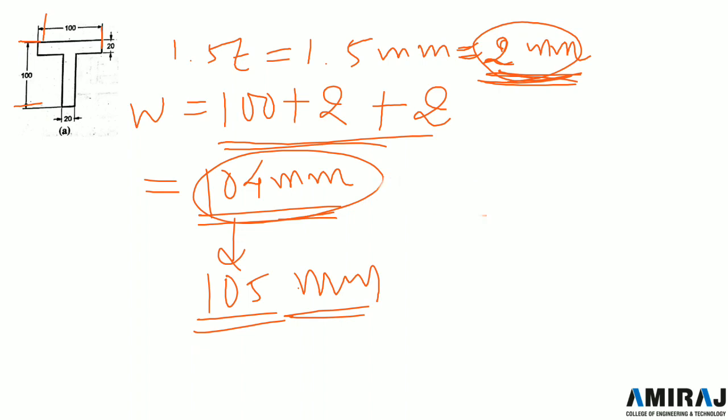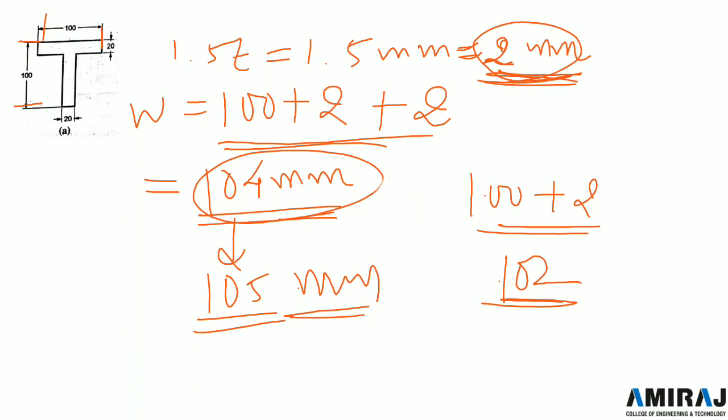Now the die advance is calculated as 100 plus 2, which is 102 mm. Then the area of the component: we can see this is 100 by 20 and here it is 80 by 20.